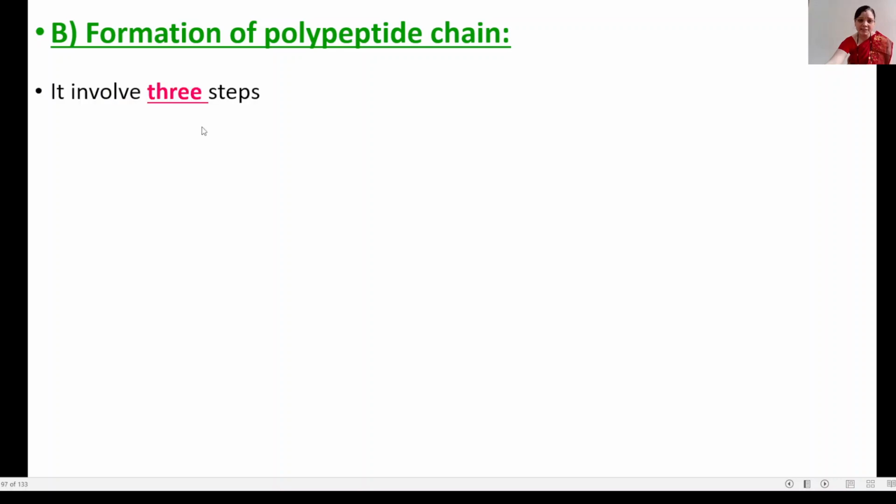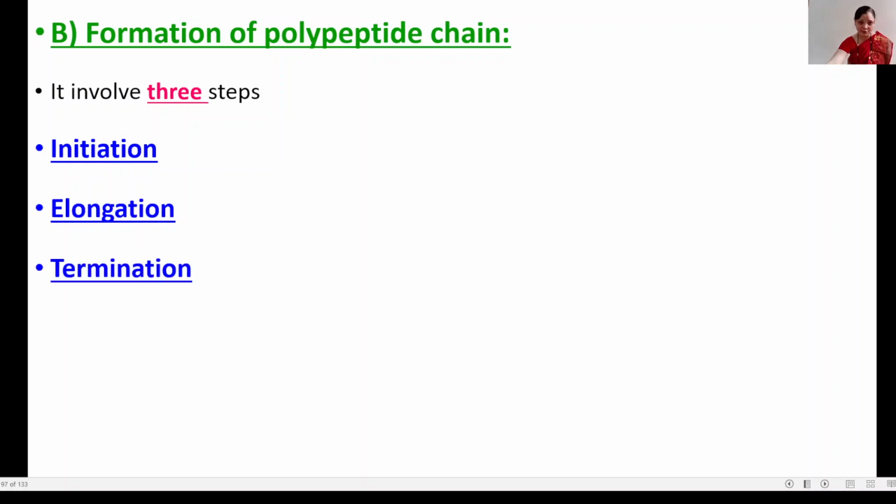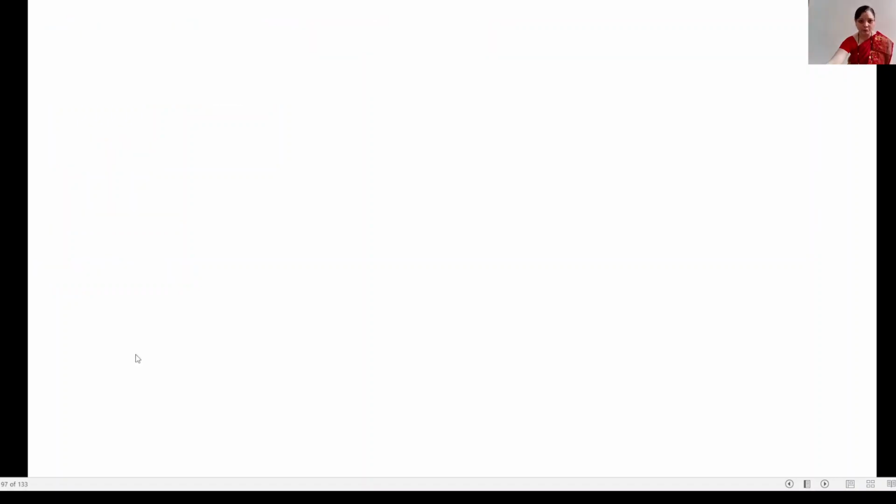First, initiation. Second, elongation. And third, termination. So formation of the polypeptide chain involves the initiation process, the elongation process, and the termination process.